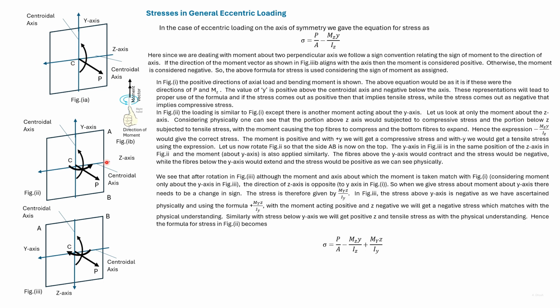The direction of the axis is the same. So this is the z-axis and this is the y-axis. Also, the direction of the moment is the same. However, the z-axis is oppositely directed. So compared to this case, which is given by this formula, we expect a sign change.